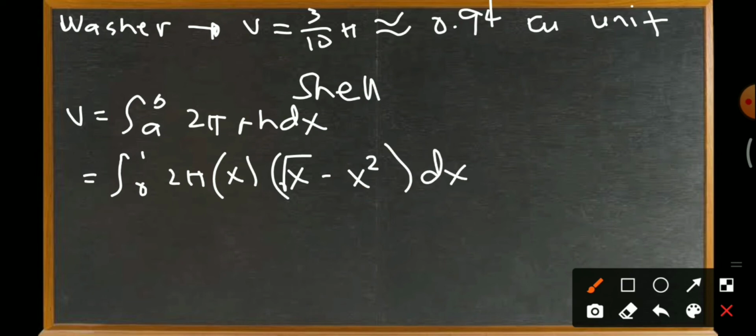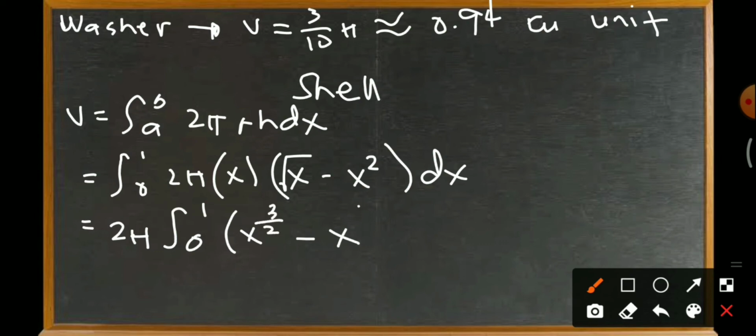dx. Take the constant out. We have now 2 pi times the integration from 0 to 1. X times square root of x is x to the power of 3 over 2, minus x cubed, dx. 2 pi times the antiderivative.